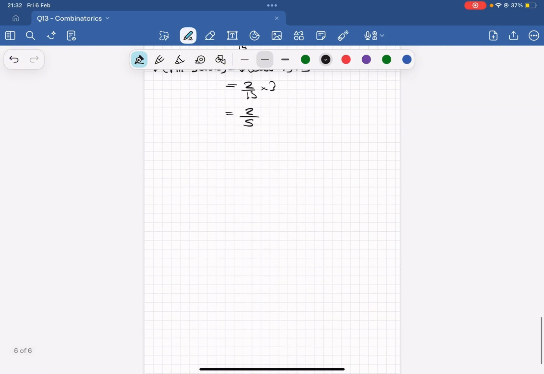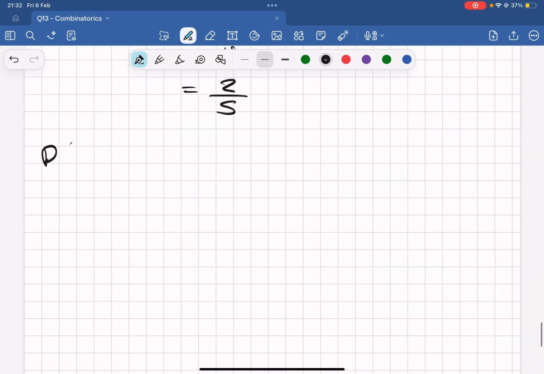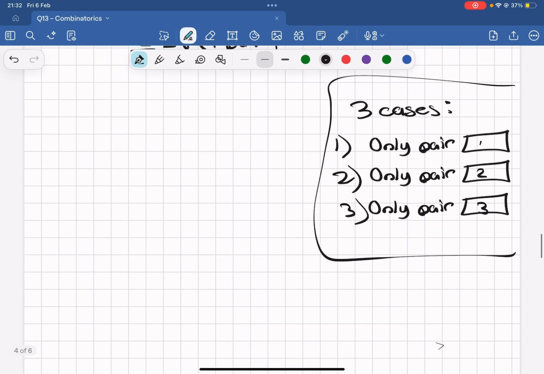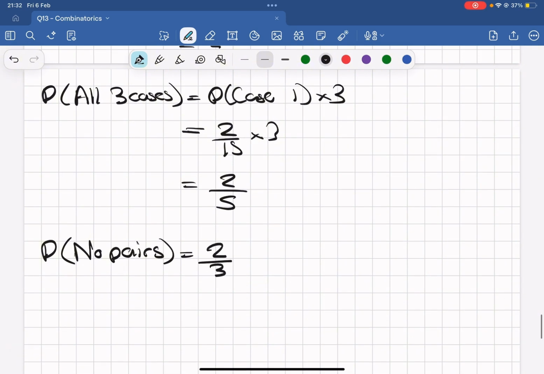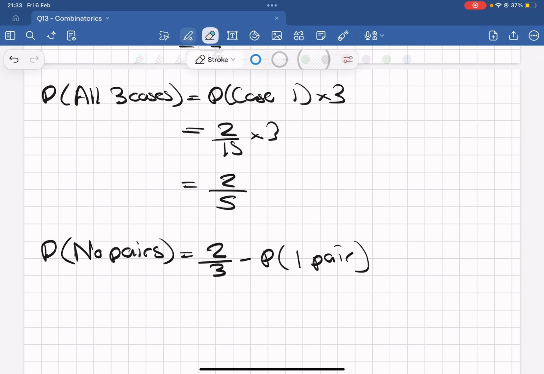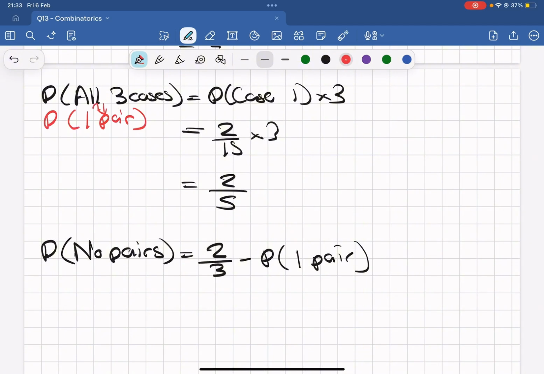So let's continue with this equation. So the probability of no pairs equals, what would we have? We had 2 over 3 minus the probability of one pair. I should quickly say that all 3 cases is the same as just the probability of one pair. We can use these interchangeably. Should have been more consistent throughout, but all good.